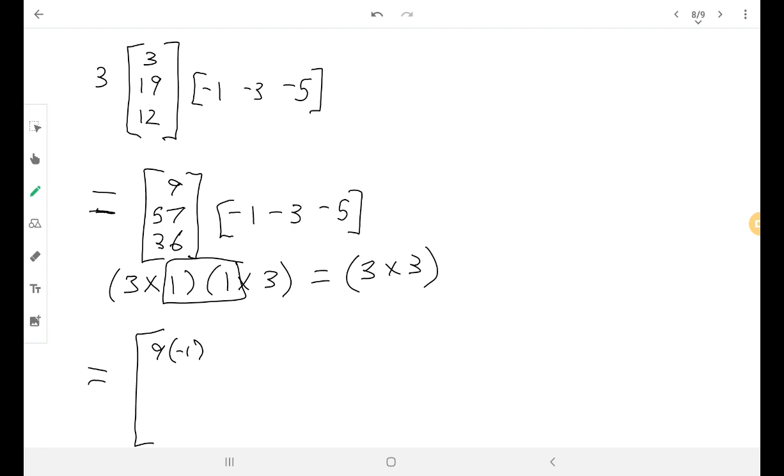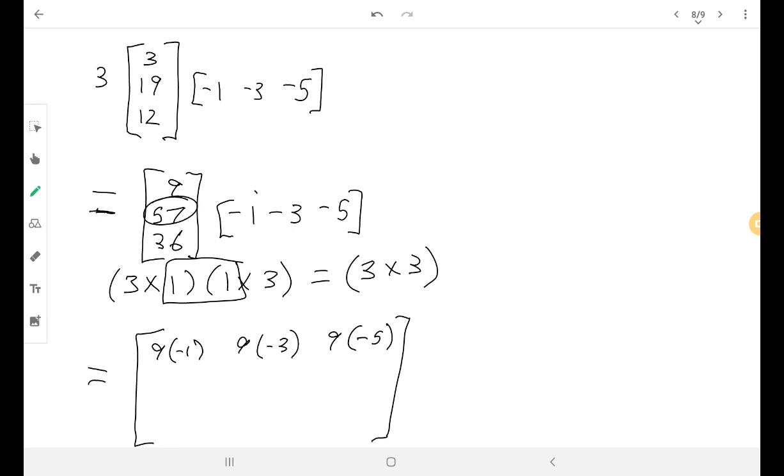That is element 1, 1. Then for element 1, 2, row 1, column 2, we'll do 9 times -3. Then for row 1, column 3, we'll do 9 times -5. And that's our first row. We've successfully done them all.